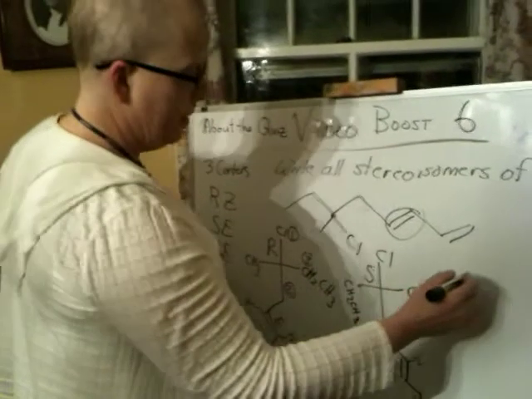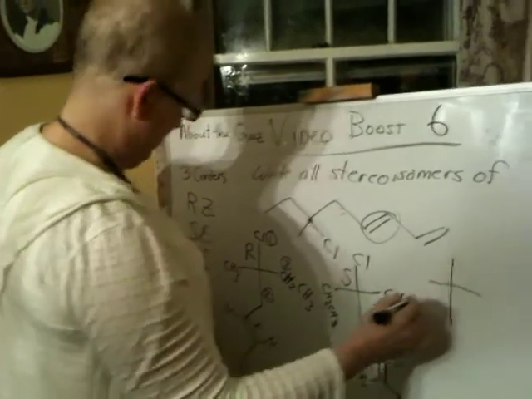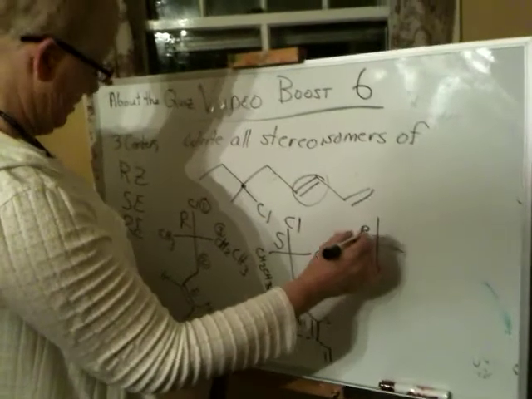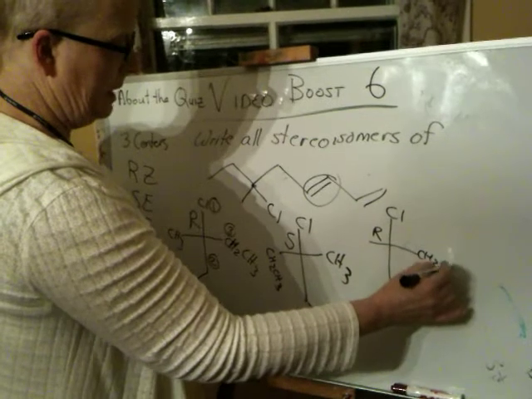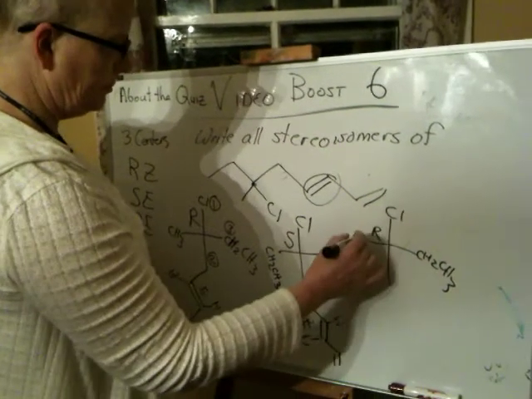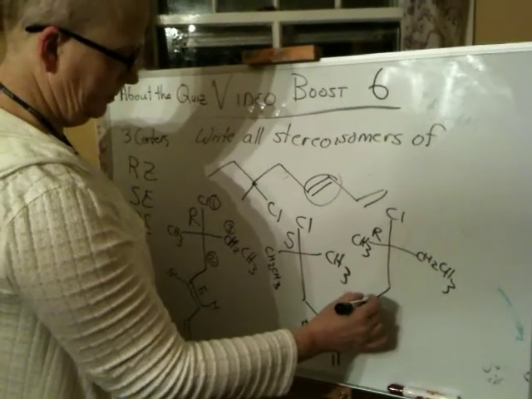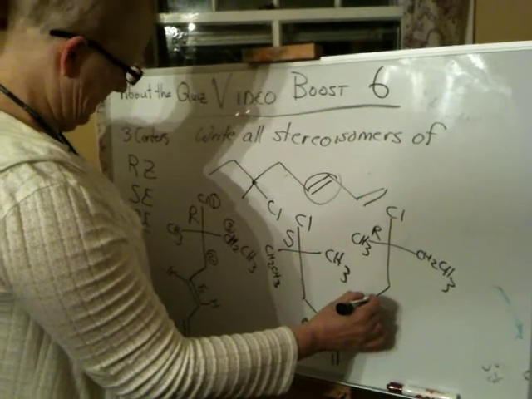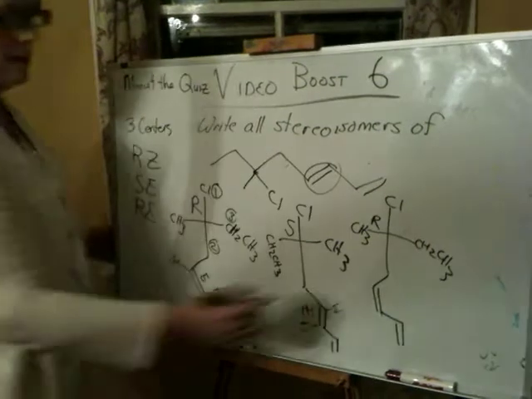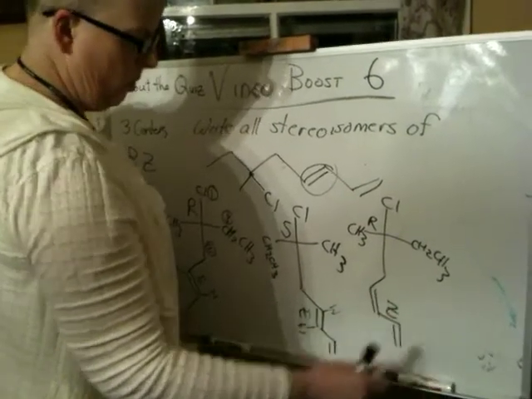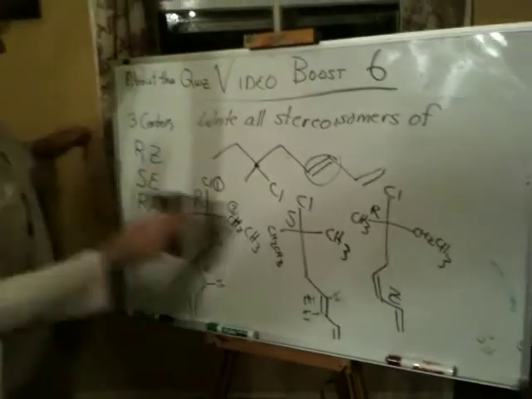So what else could we draw? Well, for example, we could draw the R. So I'm just keeping everything else the same. Z, which would look like this, okay? This is the R,Z. Or, right, one more I can draw.